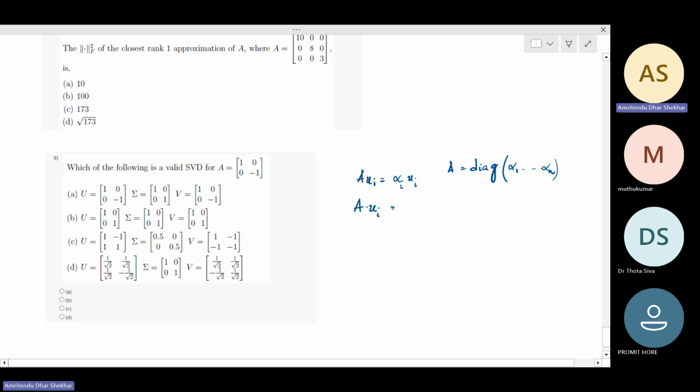A ui is equal to the sign of alpha i times mod of alpha i times ui.